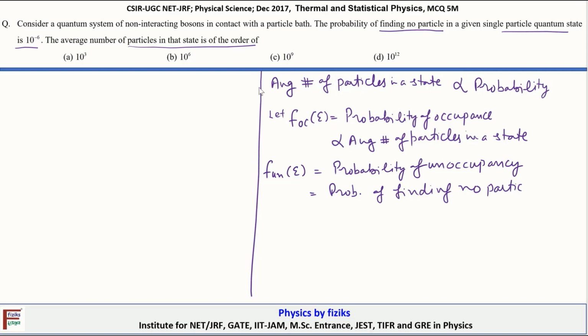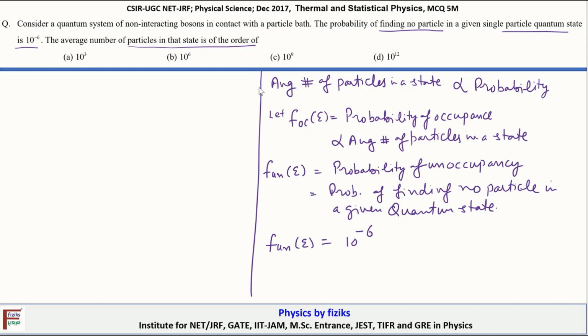Unoccupancy means no particle is there, no particle in a given quantum state. Now it is given to us that the probability of unoccupancy is 10 power minus 6.